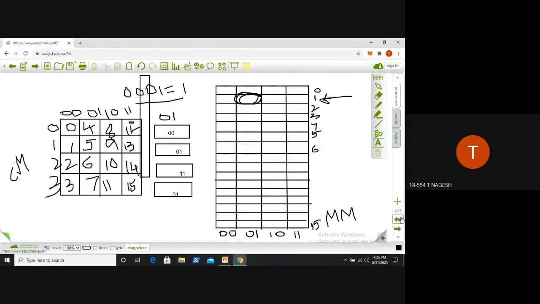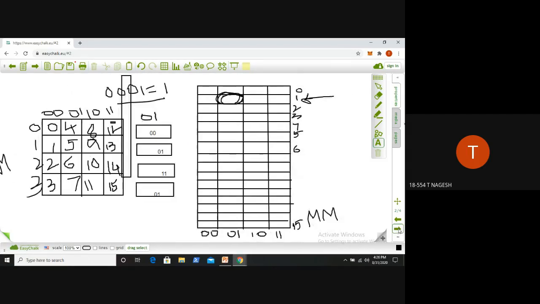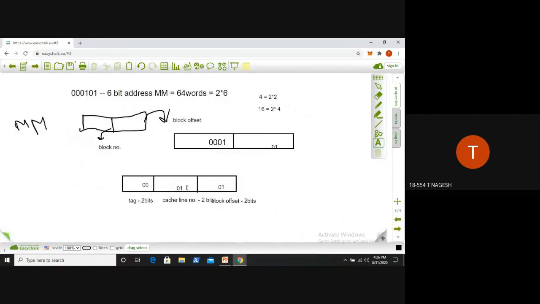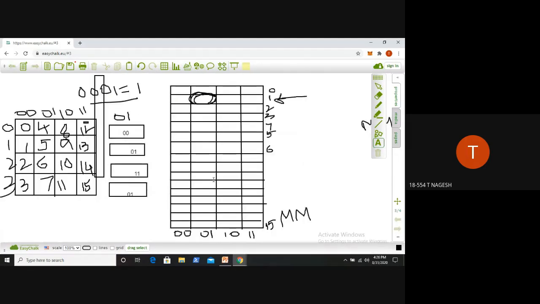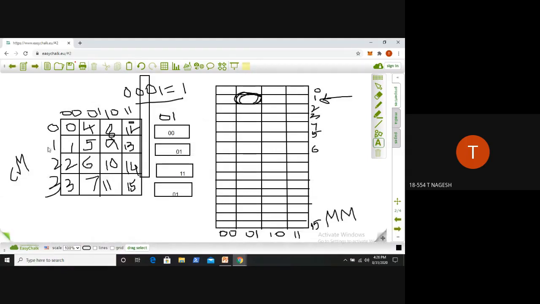Once again, the cache line number is 01 and the required tag bit value is 00. For this line, the tag bit value is not 00, it is 01. So this is a cache miss.